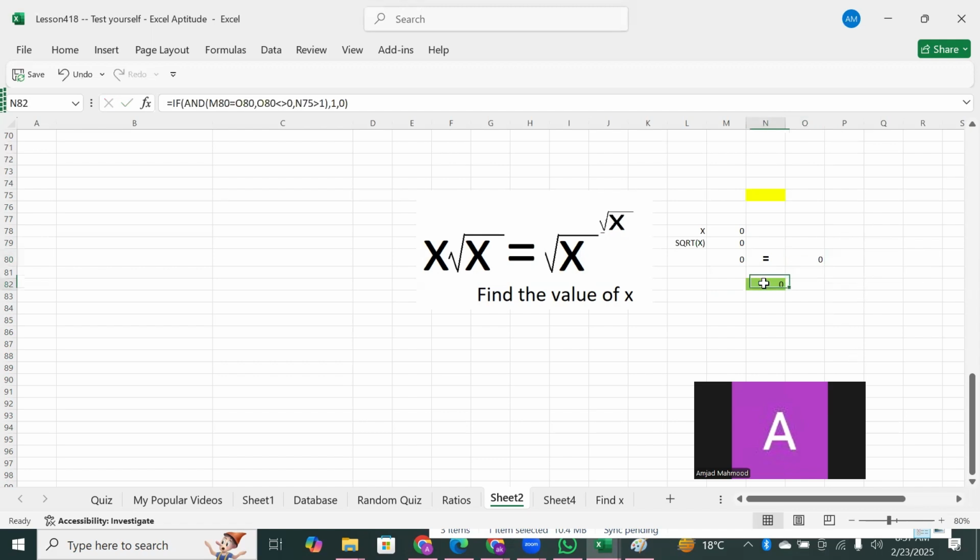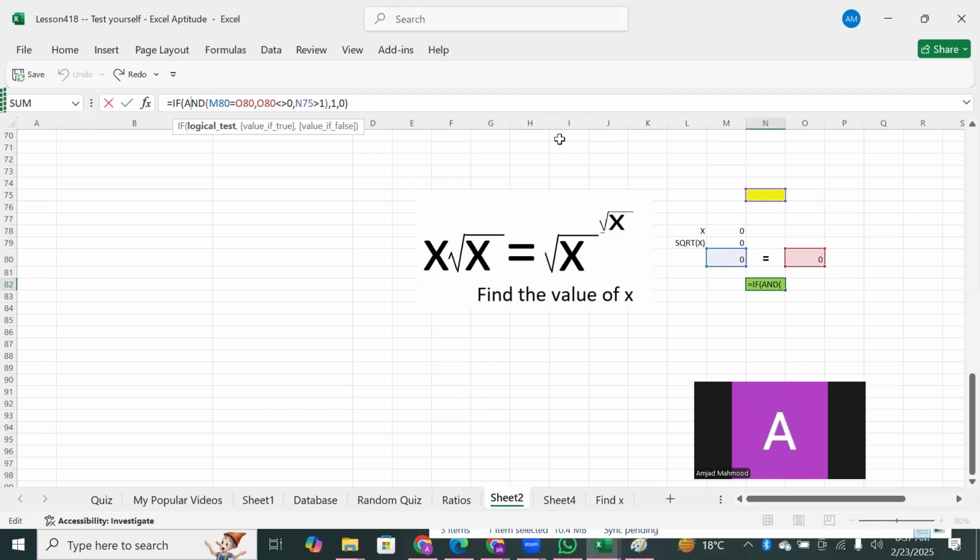So here we want to see that when the left side of the equation becomes equal to the right side, this should become 1. That's what we have done. And this is an AND condition: when the left side is equal to the right side, and also the right side is not equal to 0 because of error, plus the value of x is greater than 1.